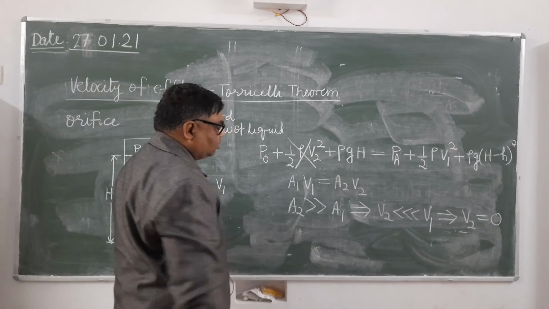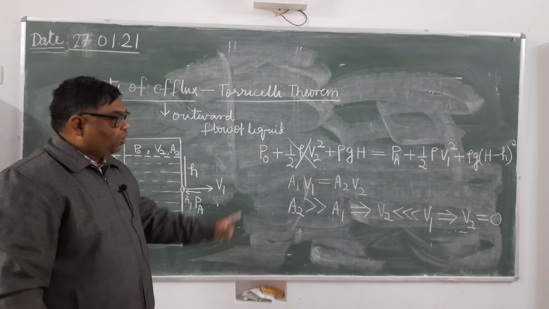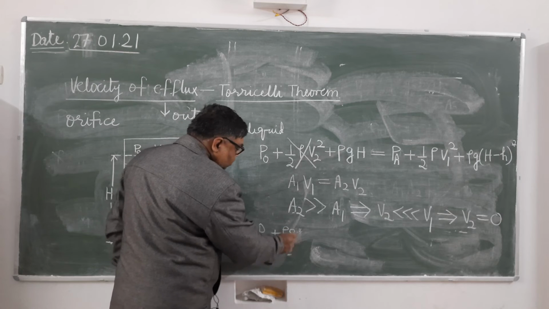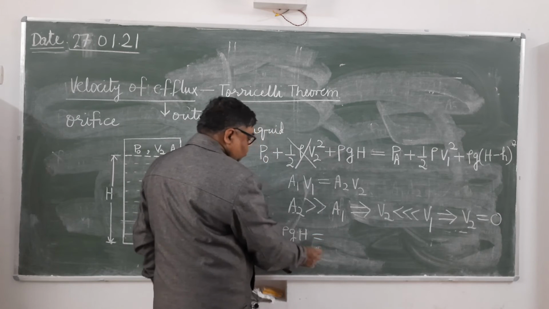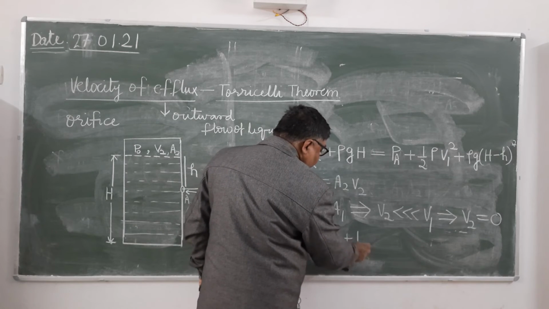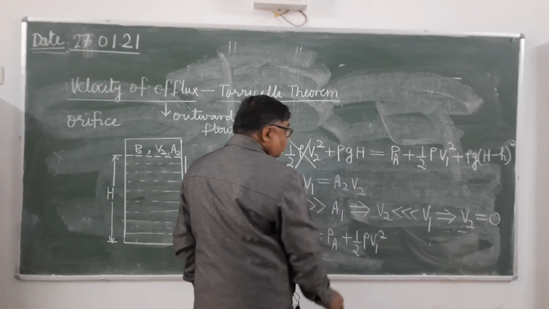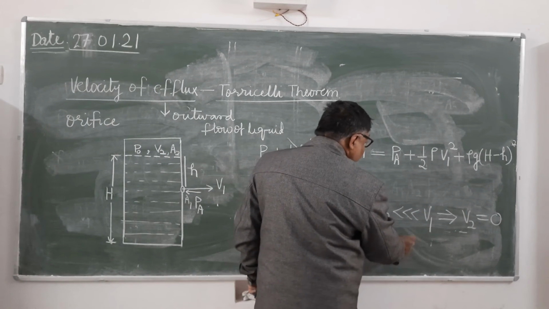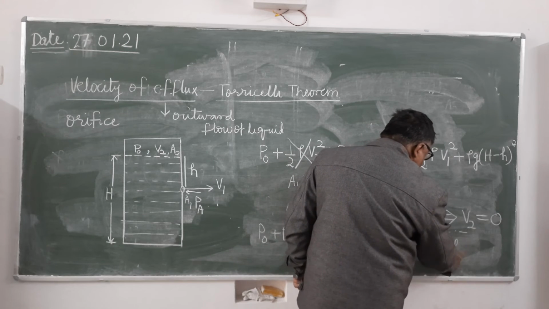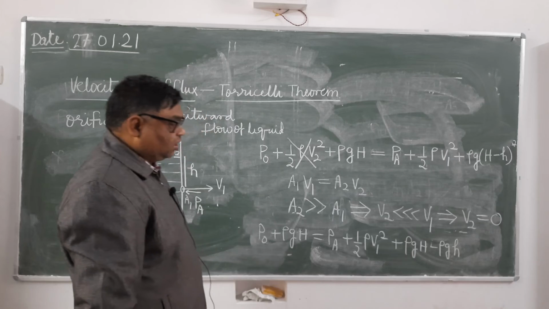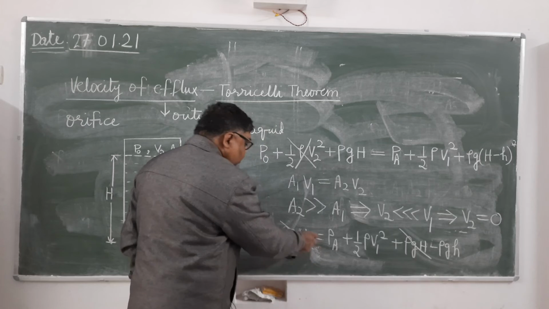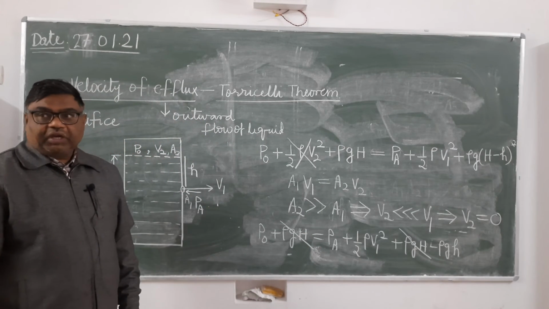When you remove it, you get P naught plus rho GH equals PA plus 1 upon 2 rho V1 square, and when you open the bracket, rho GH minus rho G small h. Now rho GH and rho GH will cancel.